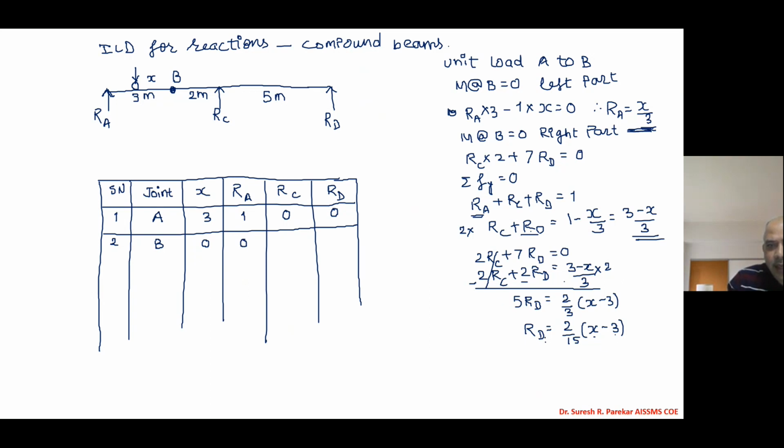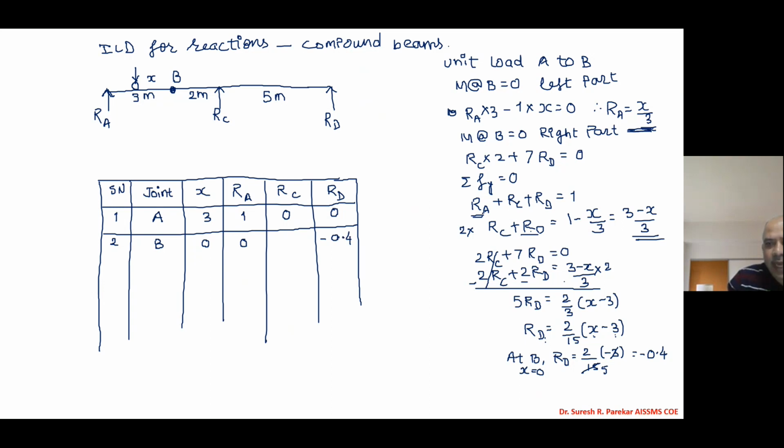So we have RD equal to 2 by 15 in bracket 0 minus 3, and then we will get minus 3 times 2 by 15, that is minus 2 by 5. So minus 0.4. So we will substitute RD as minus 0.4.